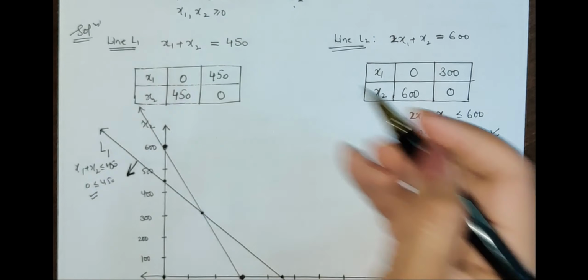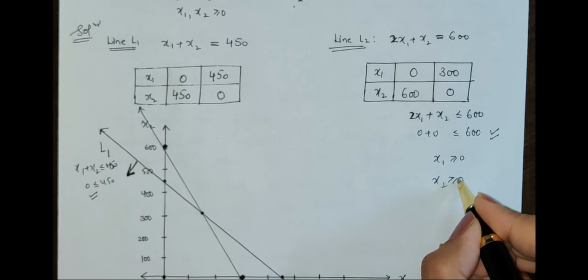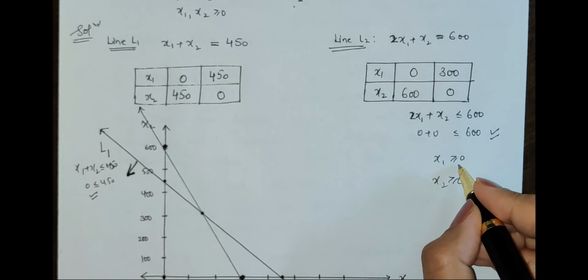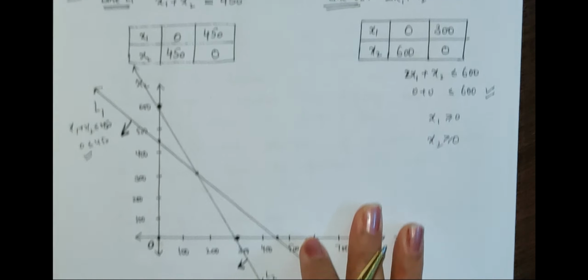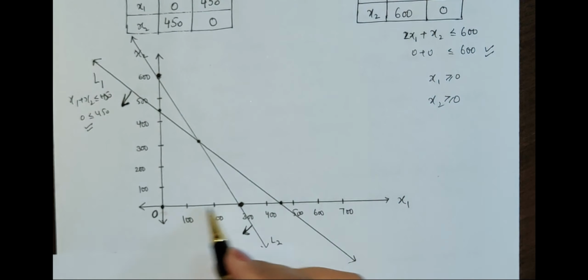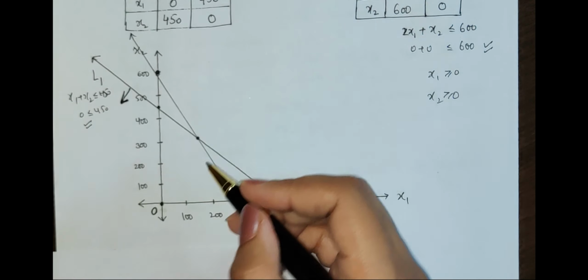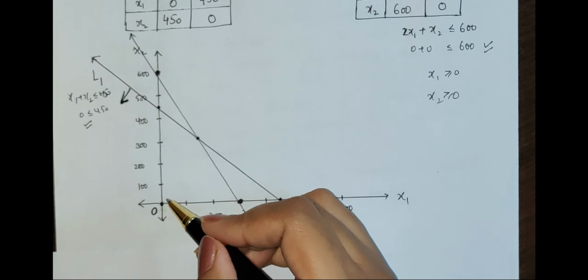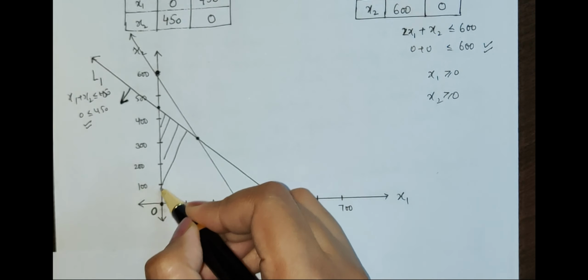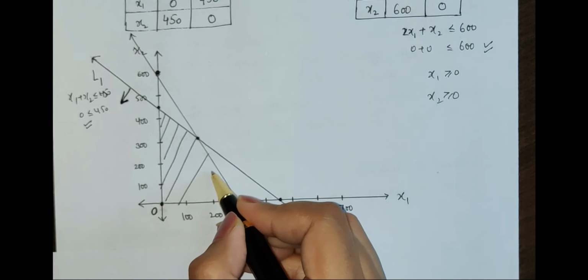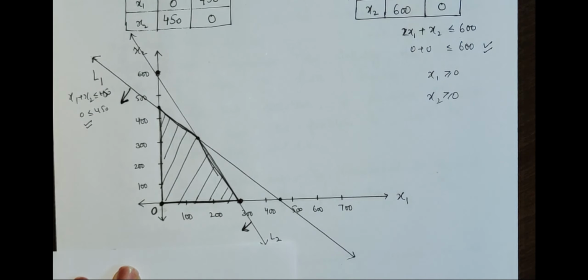Individually, x1 greater than or equals to 0 and x2 greater than or equals to 0, so both have to be positive. It means we are working in the first quadrant only. So now I saw what my favorable and common region is. This is my common region, which I am clearly getting out of it.